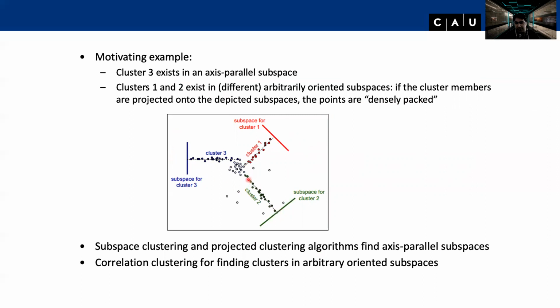If we project the points from cluster 2 down to this green line, they will be dense, they will be compact. The same for the red line and the same for the blue line. So subspace clustering and projected clustering algorithms find axis-parallel subspaces, as a take-home message. Correlation clustering is used for finding clusters that reside in arbitrarily oriented subspaces.